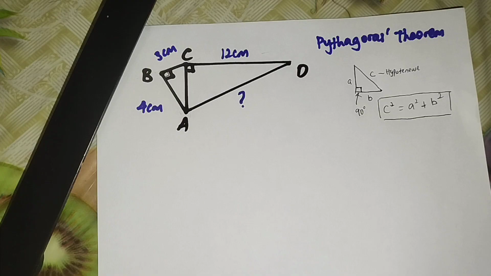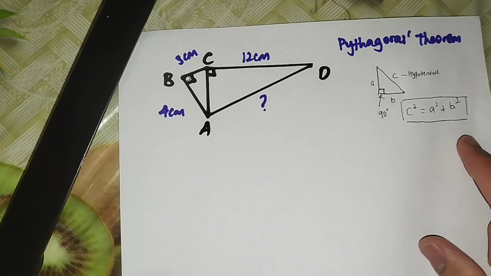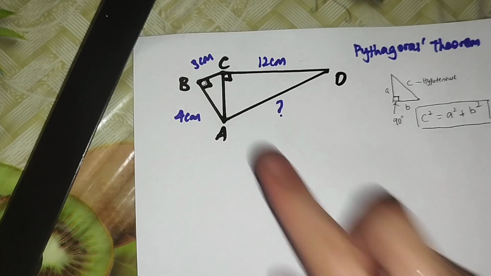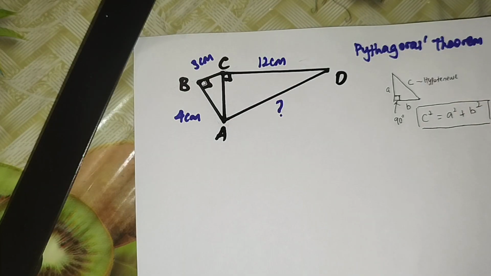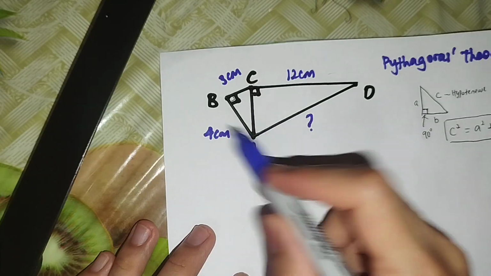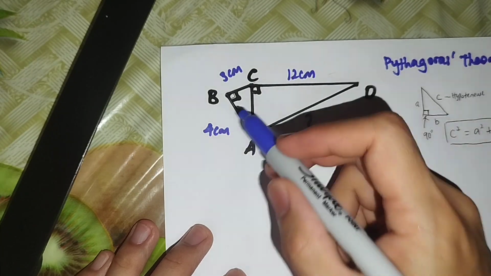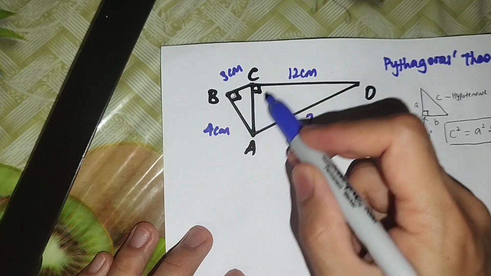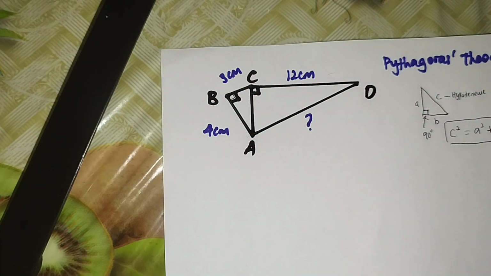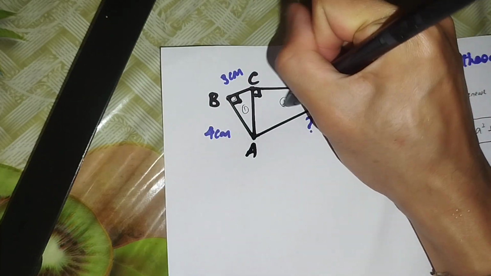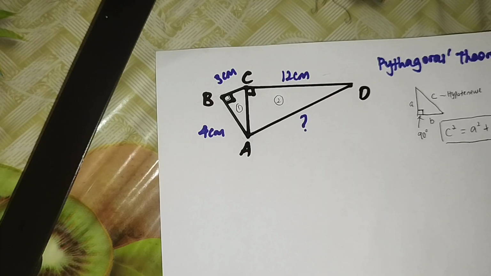Now, we're going to use this principle and try to solve this problem here. Okay, so first things first, we have a shape here, and we can see there are two right angle triangles here. So this is right angle triangle number 1 and right angle triangle number 2. I'm just going to label it here so you can see it clearly.